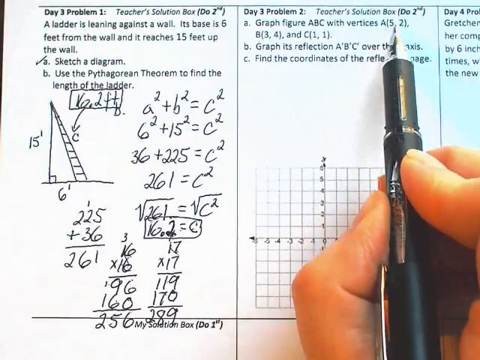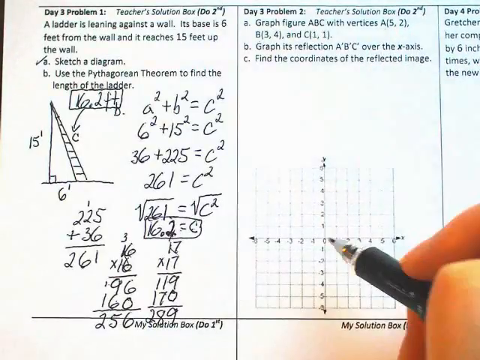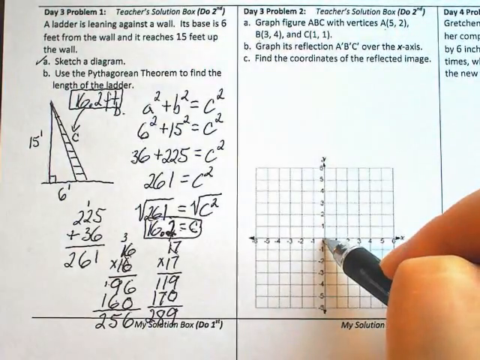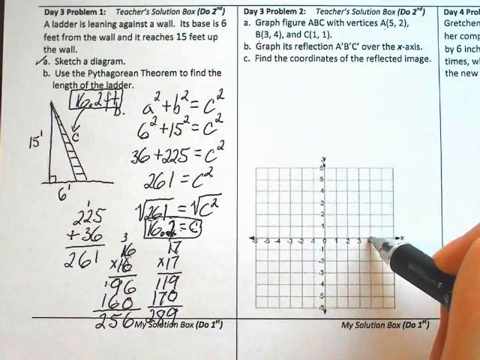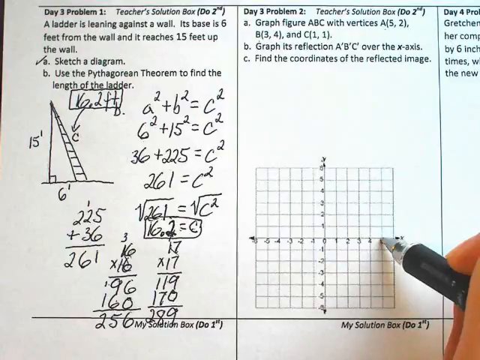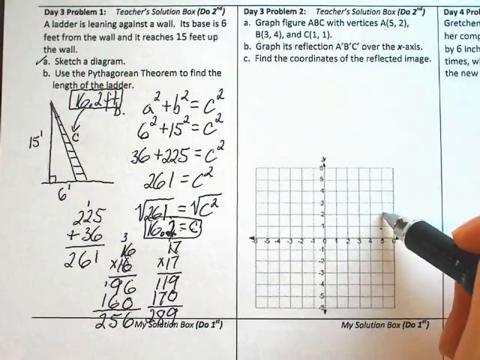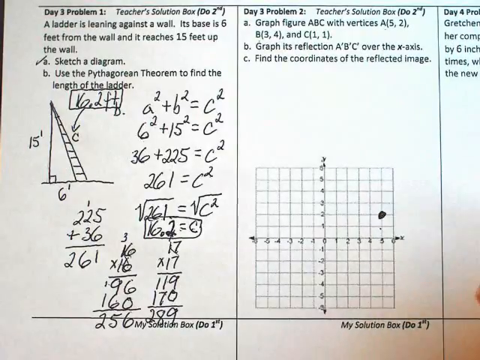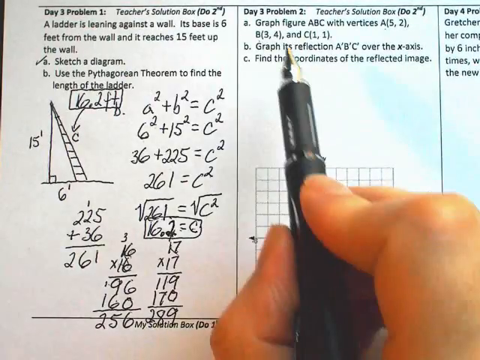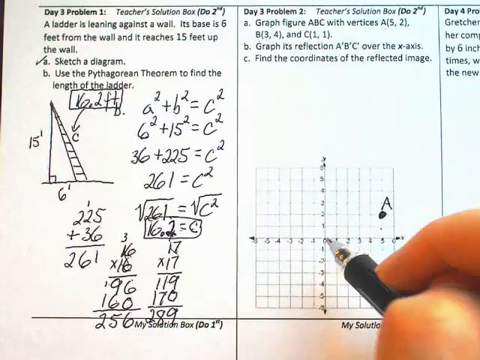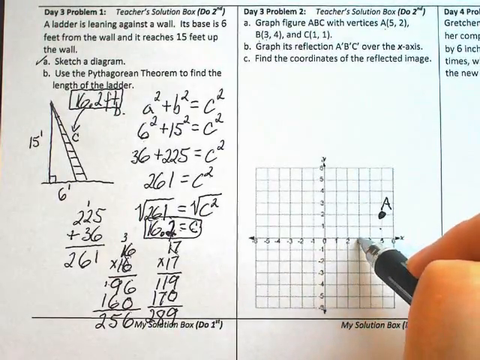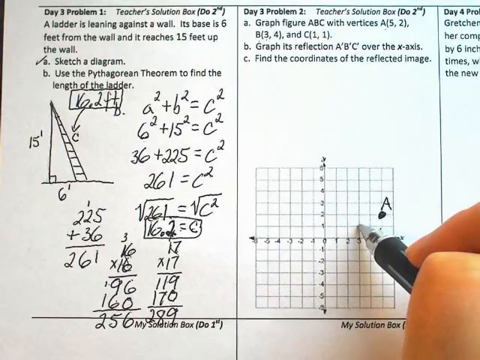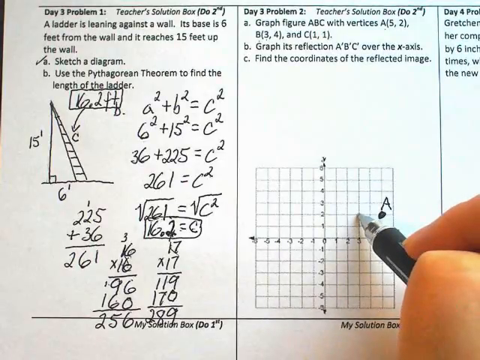So let's tackle these one part at a time, starting with part A. Point A is at (5, 2). So starting at the origin, 1, 2, 3, 4, 5, and then the second number was 2, 1, 2. Here's a dot, and this is point A. Now point B is (3, 4). So starting at the origin, 1, 2, 3, 1, 2, 3, 4.